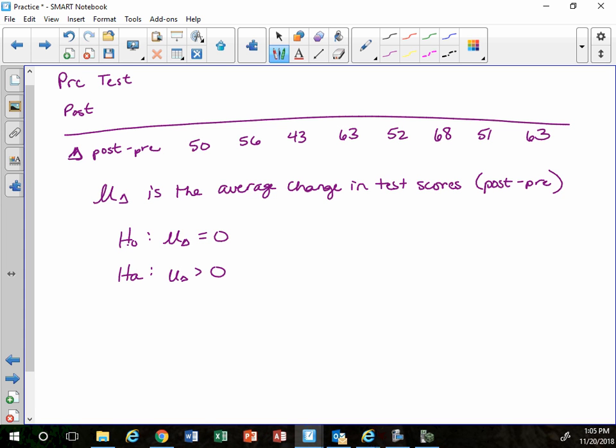Okay. Conditions. We got to check those, right? SRS was stated. For normality, there's two things you could use for this. What do you think those two things are? Is the sample size big enough? No. Okay, so can't use sample size. What else could we use?